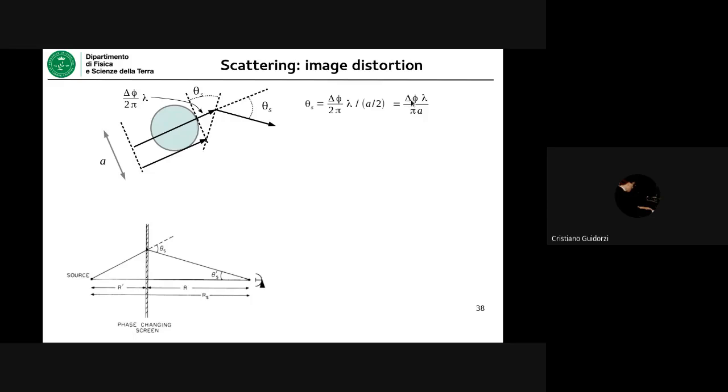Here I already put the root mean square, because, as I said, this process works in an independent way. Each blob is independent of the next one, if any. That's why the cumulative effect depends on the root mean square of the angle.